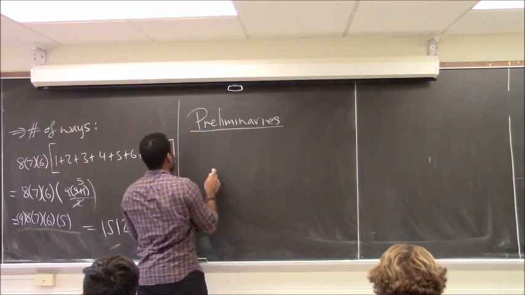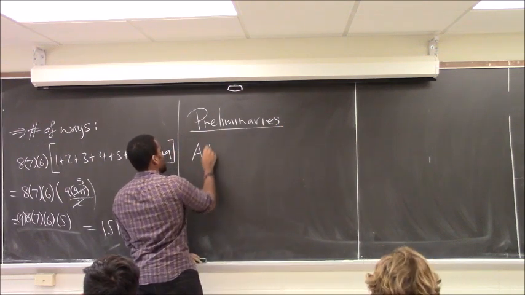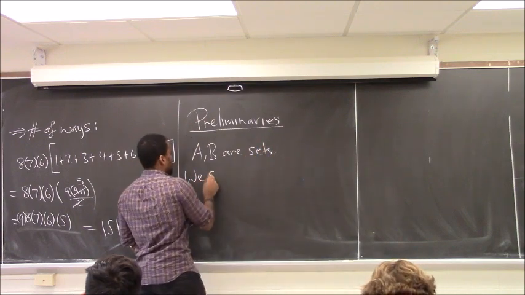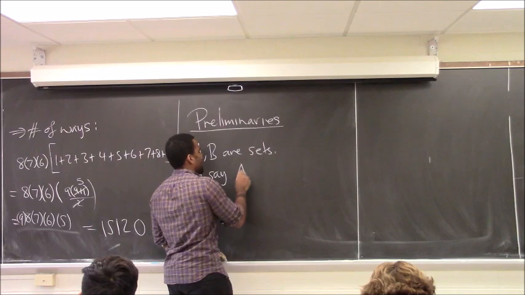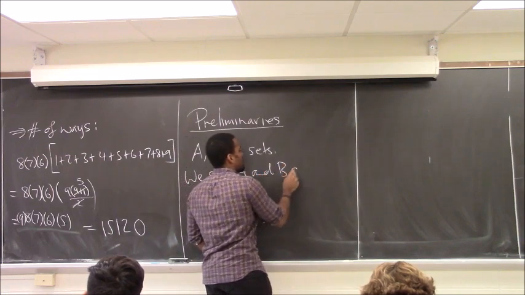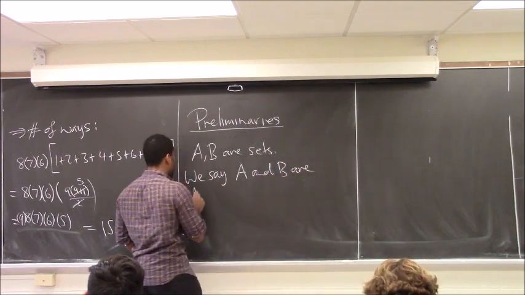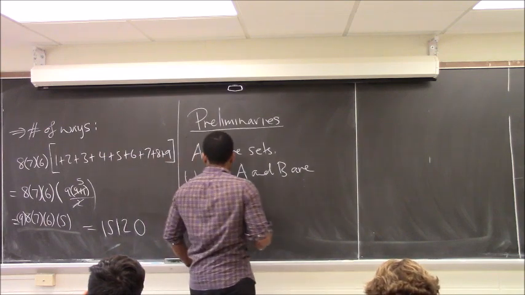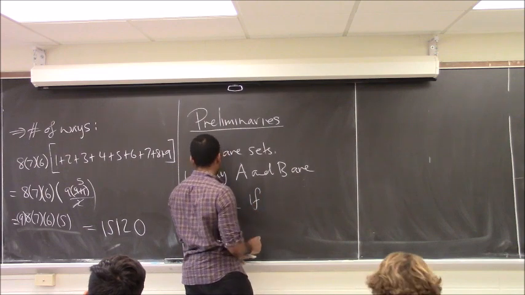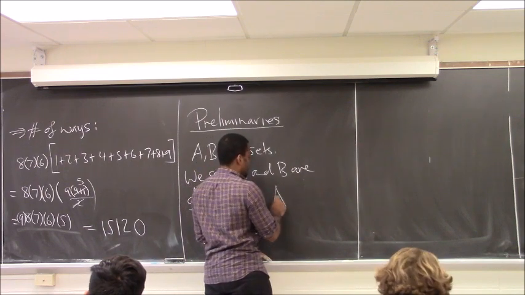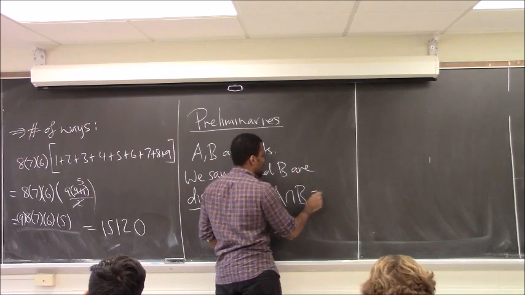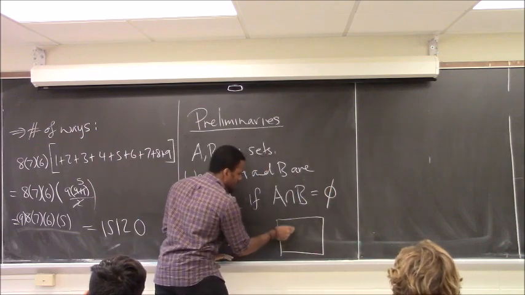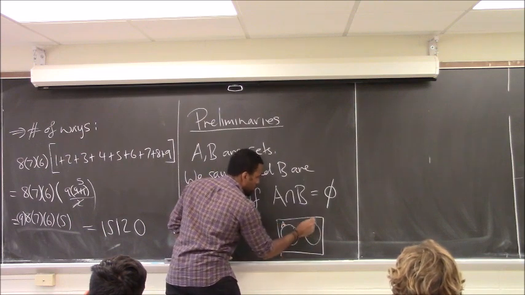Preliminaries. So I just want to introduce a new term. Let's say A, B are sets. We say A and B are disjoint if A intersect B is the empty set. So I'm introducing the word disjoint. That's going to be important. Basically, if I were to draw the Venn diagram, the A and the B would be completely separate.